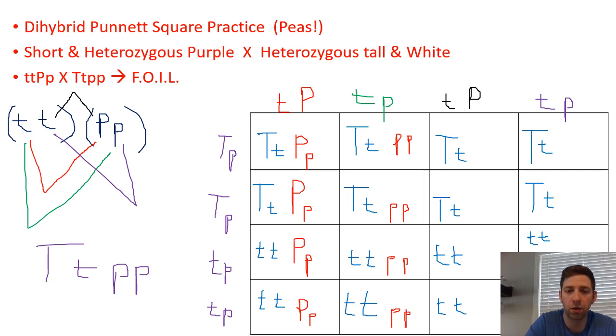I'm going to redraw these because I kind of made them medium size and I might get confused if they are uppercase or lowercase. This whole column is going to be heterozygous.